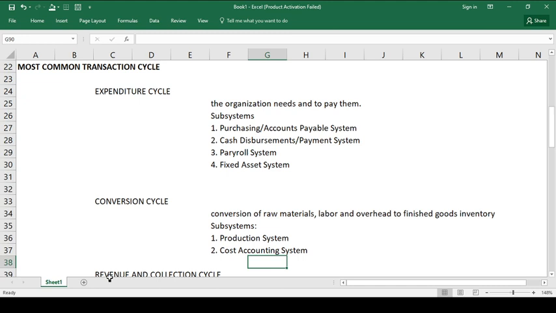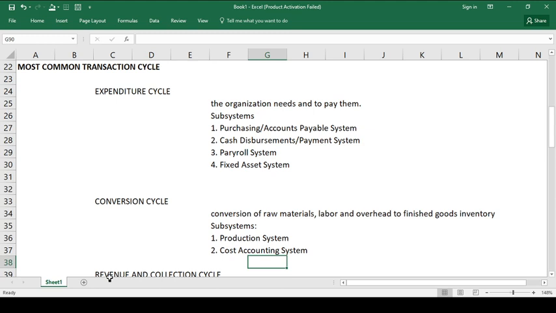The subsystems that comprise the conversion cycle are the production system and the cost accounting system. The production system refers to the manufacturing of the finished goods. What process will it go through? How many labor hours, how many materials are needed, what indirect materials and indirect labor are needed in the production of that particular finished good.